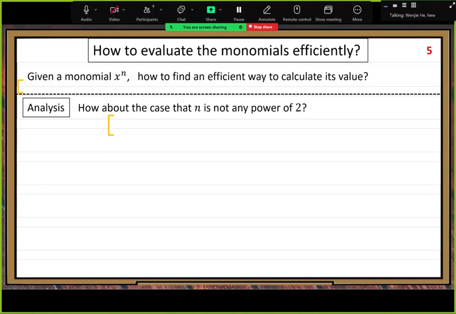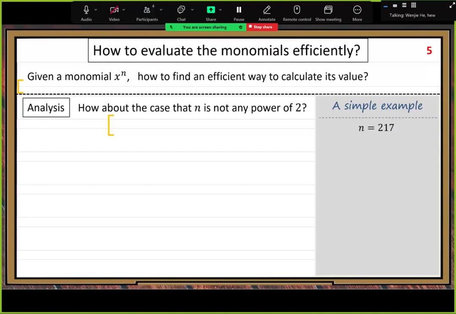We still want to use the repeated squaring technique to minimize the number of multiplications and save our computation resource. So how to do that? Let me use a simple example so you can see the idea easily. Let's consider n equals 217, not a power of 2.